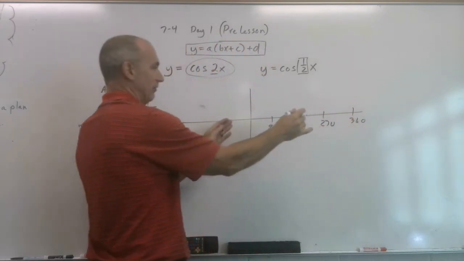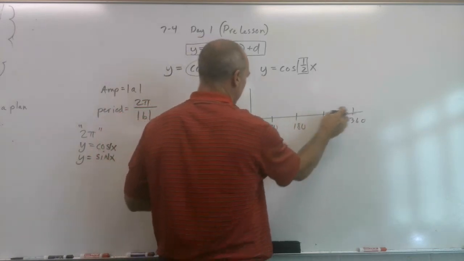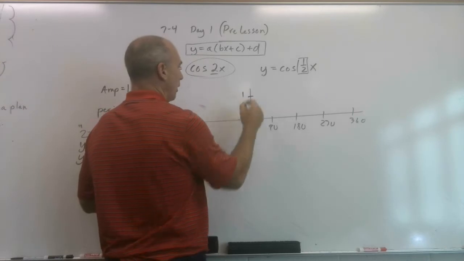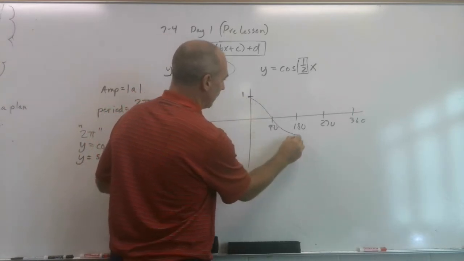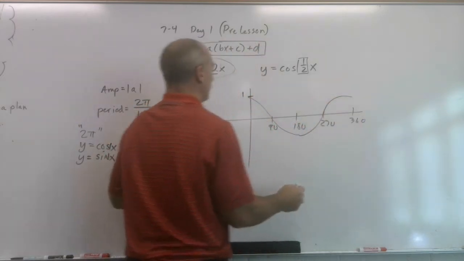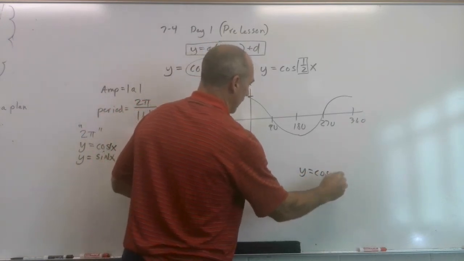Those are the biggies. Now there's a ton of stuff going on in here. Now you got the gist. We start up here at the 1, and you go from 1 to 0, 0 to -1, -1 back to 0, 0 to 1. So there's my parent function, y equals cosine of x.